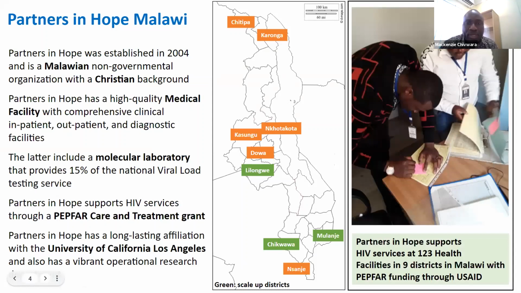So just a bit of background to Partners in Hope. Partners in Hope was established in 2004 and is a local Malawian non-government organization with a Christian background. Partners in Hope also has a high quality medical facility with comprehensive clinical inpatient, outpatient, and diagnostic facilities.